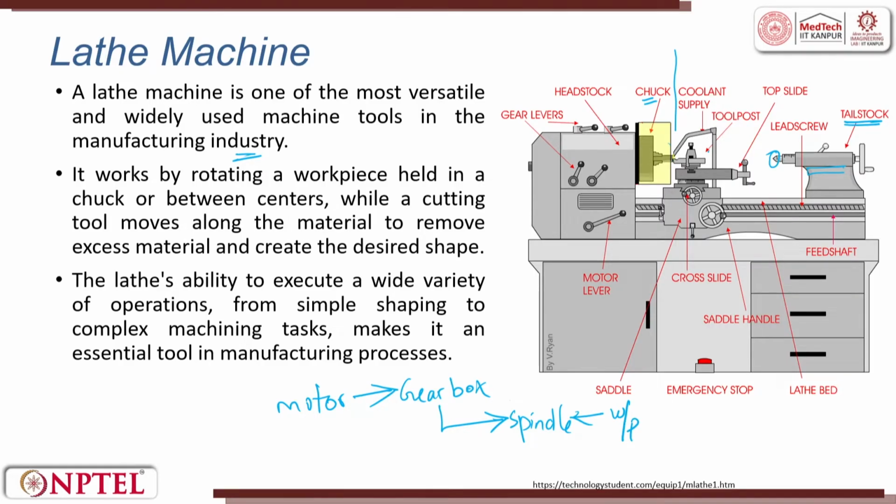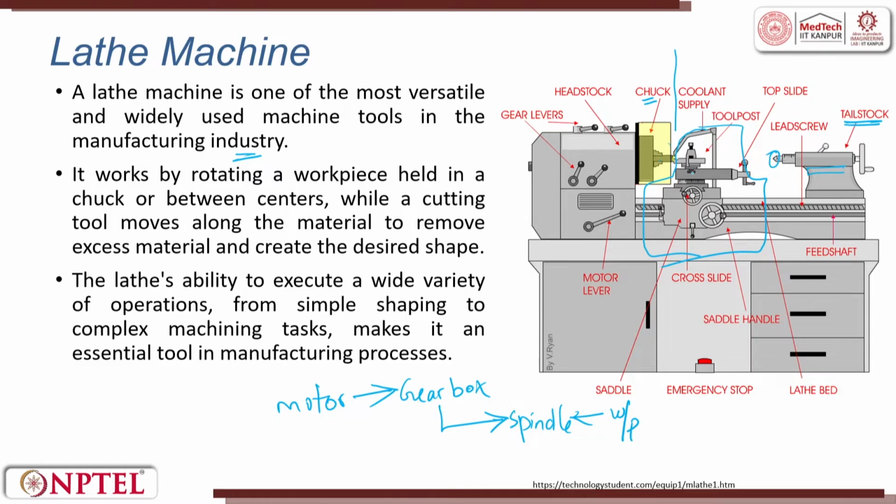Right. The next important system is going to be the tool attached system. The tool attached system is the place where the tool is held. The tool, we saw in the previous lecture, has a shank and a cutting edge. So, the shank is used for holding the tool.